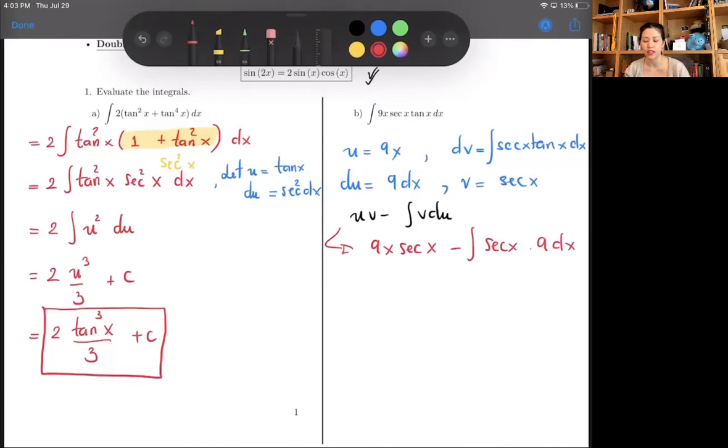So it equals 9x secant x, then I'm going to factor the 9 out to the front here. The antiderivative of secant x dx is ln of the absolute value of secant x plus tangent x. And don't forget your constant.